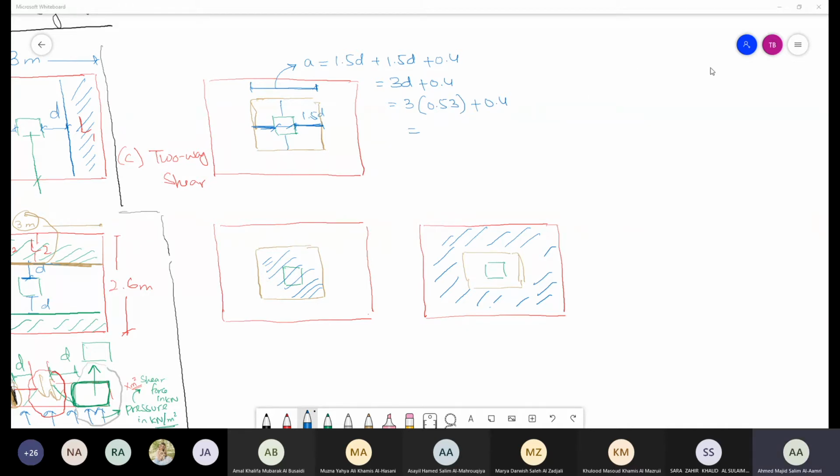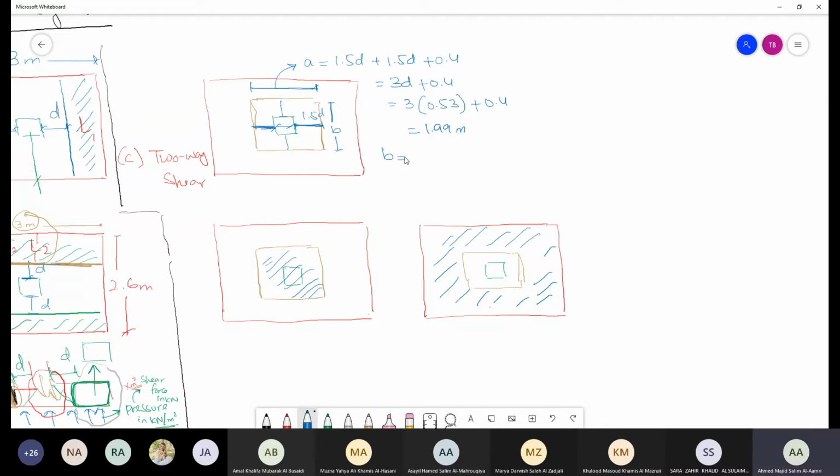So 3 multiplied by 0.53 plus 0.4 is going to give you 1.99 meter. That's your A value. What about your B value?